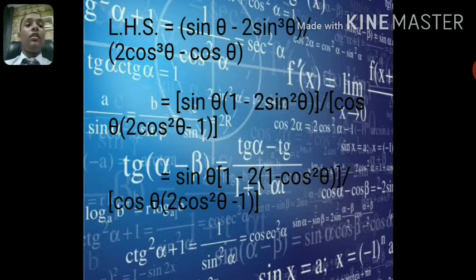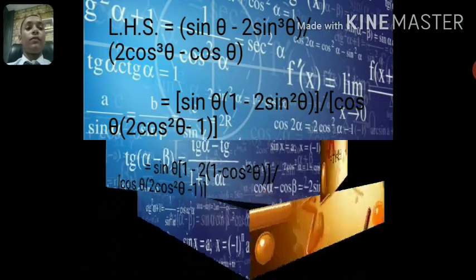In the second step we have not done anything, only we took out the common values in the numerator and denominator, and in the third step we converted it in a simpler way to get the solution.